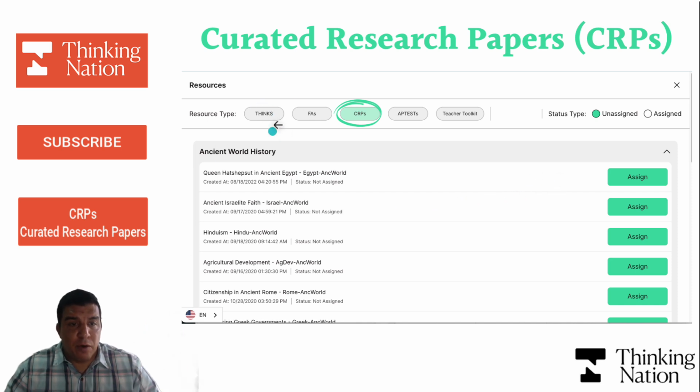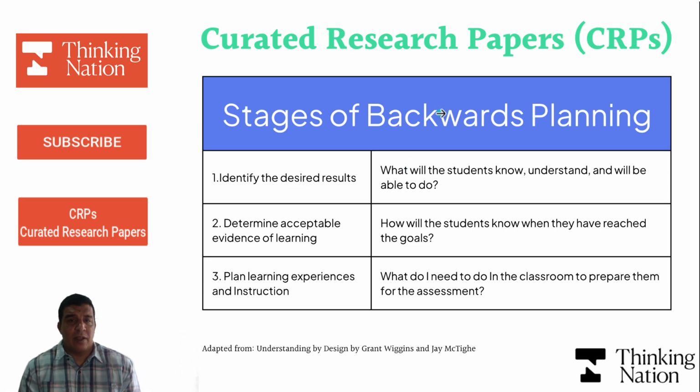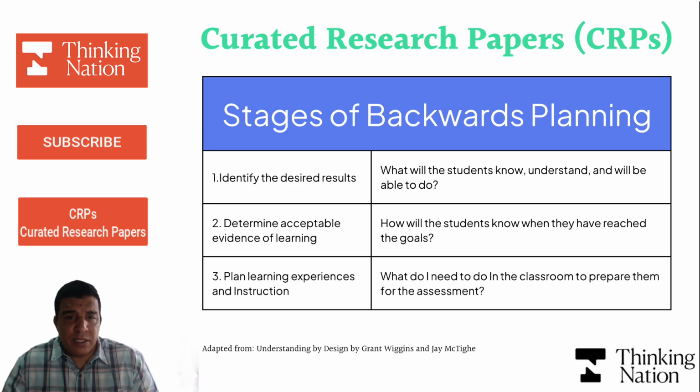So here we have the formative assessments, the CRPs, the curated research papers, and we're working on adding the Socratic seminars. Now, I'm going to touch on this in another video because I'm trying to keep all these videos under 10 minutes. This one's just specifically about the curated research paper, but this is aligned to the best practice of backwards planning.